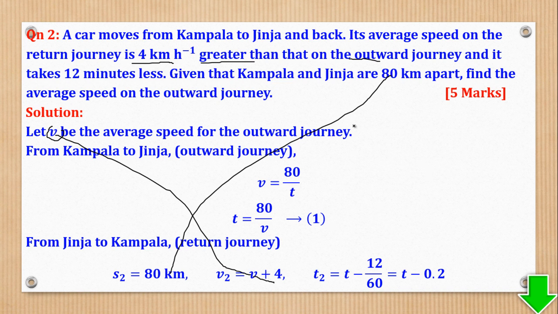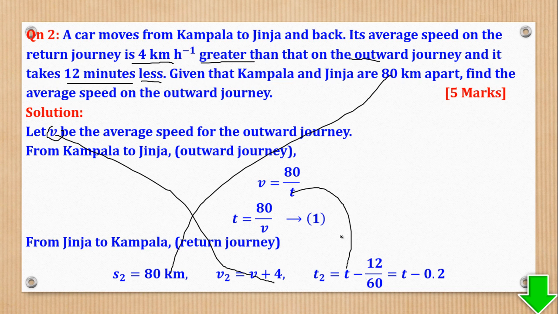They also said 12 minutes less. So if the outward journey was t hours, the return journey should be less by 12 minutes, so we say t minus 12 over 60.